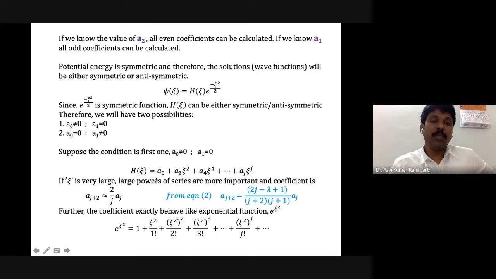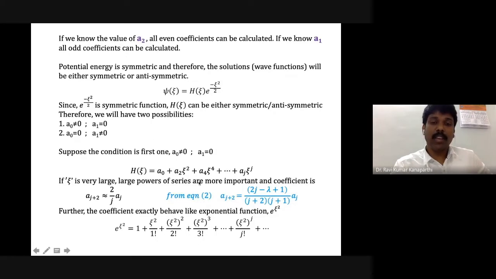So even terms mean a naught plus a2 z squared plus a4 z to the power 4 plus so on, up to a_j z to the power j, and that power series continues. Okay, now what I can do is calculate what a_(j+2) is from this expression.